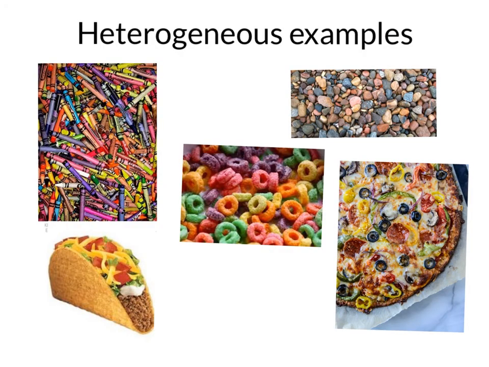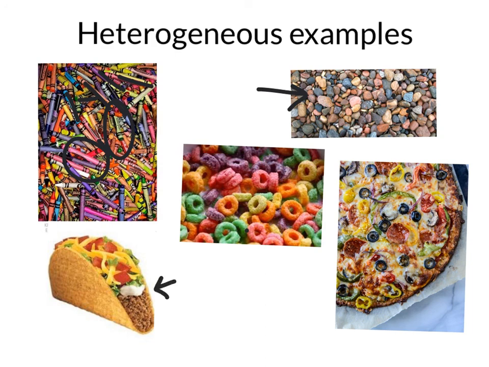Here's some pictures that are heterogeneous. All of these different color crayons, heterogeneous mixture, because I can visually see all the different colors. This sand or gravel, that's a heterogeneous mixture. I can tell the difference between them all. Fruit Loops. This amazing taco.